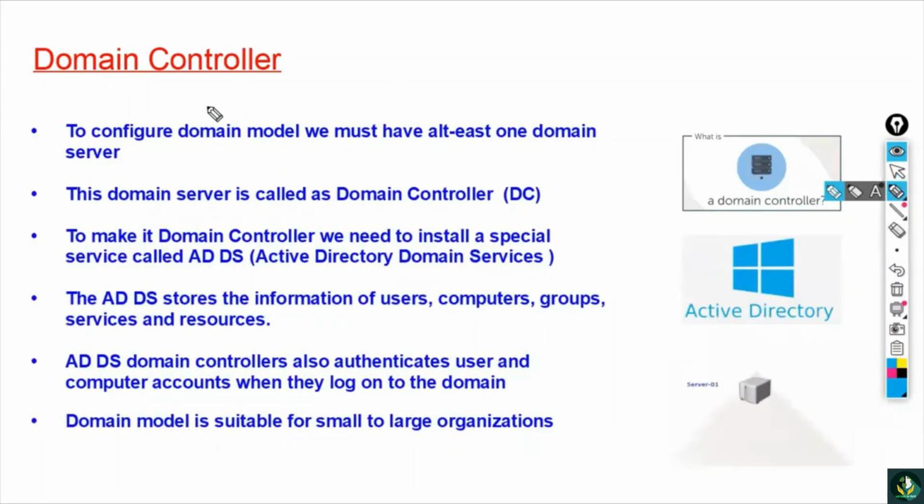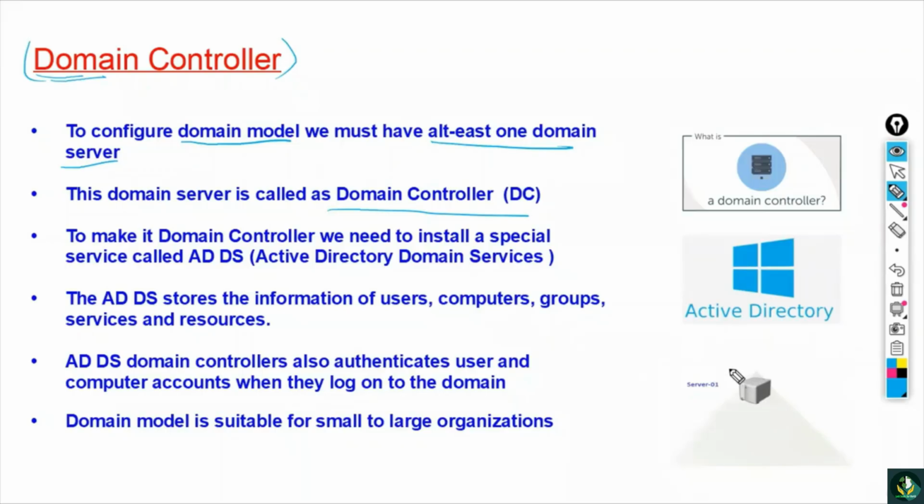And guys, we have one more term which is called domain controller. We have seen domain. Domain means logical network. Domain controller means which controls your logical network. From the name, you can understand what it is saying. Domain controller means the server which controls the domain. To configure the domain model, we must have at least one domain server, and this domain server is called a domain controller.